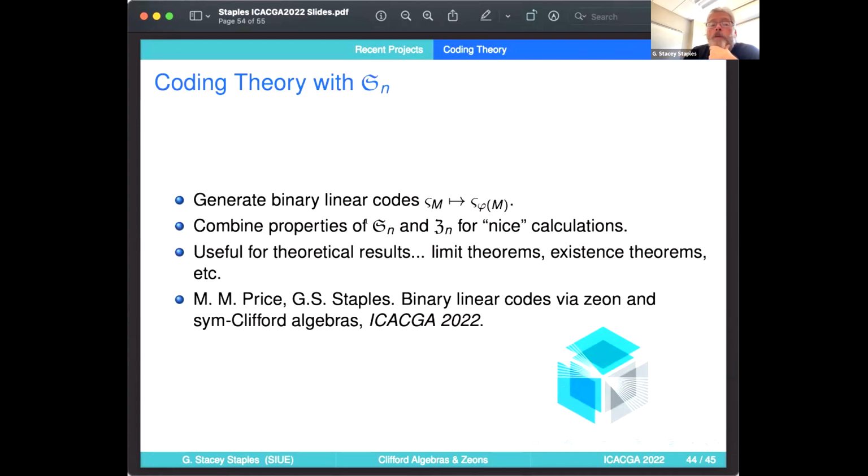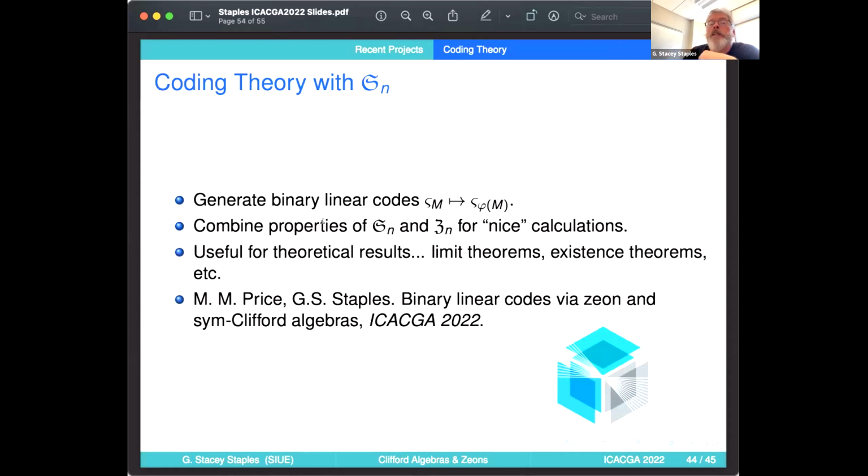We can combine properties of the Clifford and the Zeon algebra for some nice calculations, generating codes, verifying codes, and correcting errors. We can say something about the error correction capabilities of a code in terms of algebraic properties of the generators.